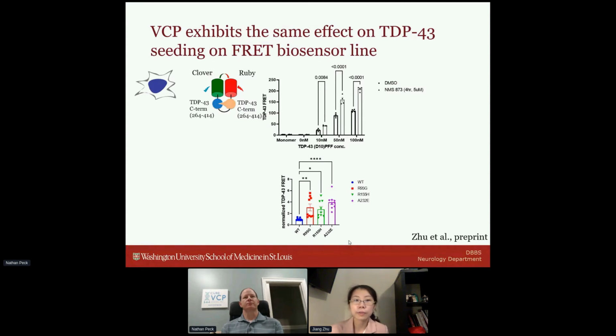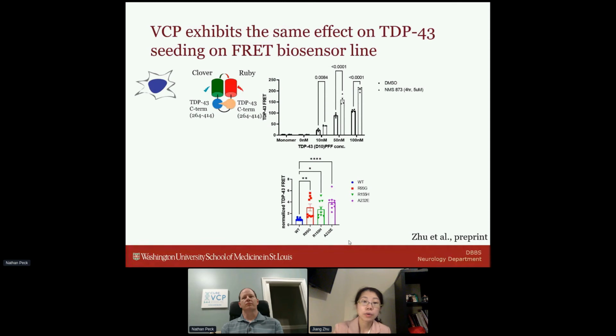So we have the TDP43 FRET biosensor line, which is the same idea as the alpha-synuclein one. And when we put the VCP inhibitor drugs into the sensor line together with TDP43 seeds, we see an increase of TDP43 seeding activities, quantified over here at different doses.